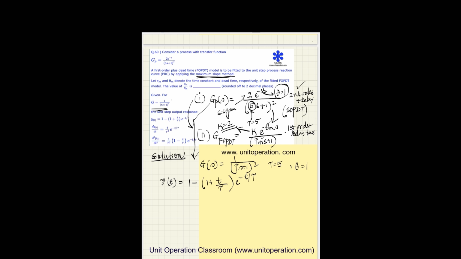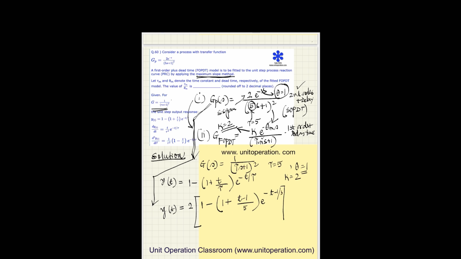So for our system we can write y(t) equal to 2, the steady state gain, times 1 minus (1 plus (t minus 1) over tau) e to the power minus (t minus 1) over 5, where tau is equal to 5. The t minus 1 takes care of the delay time.